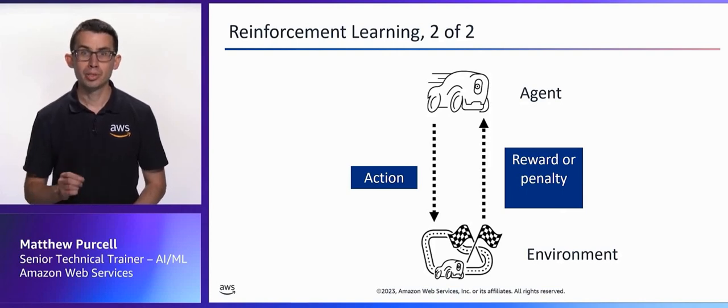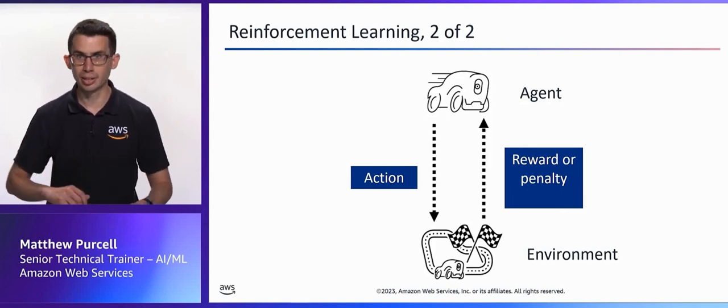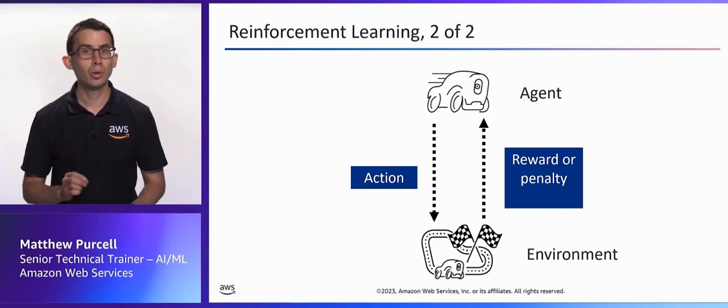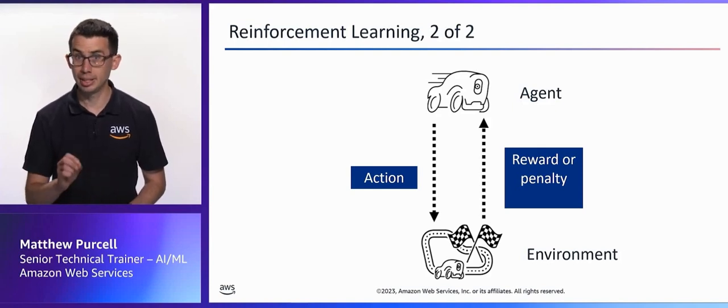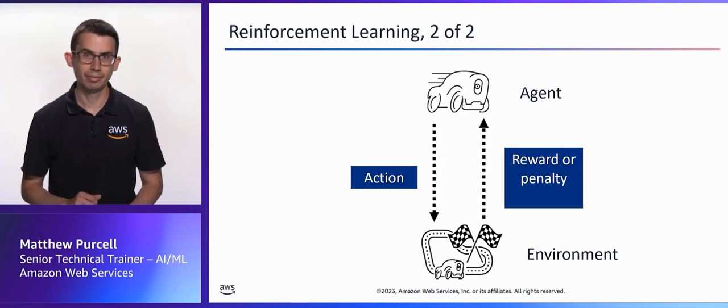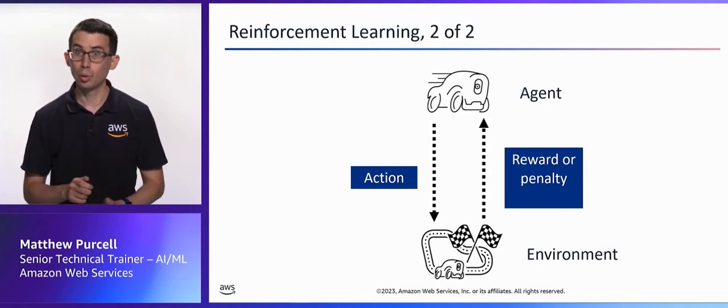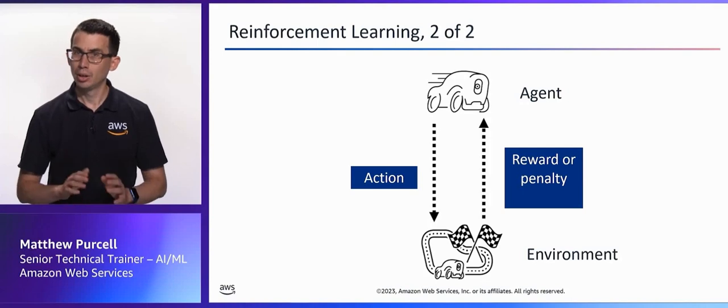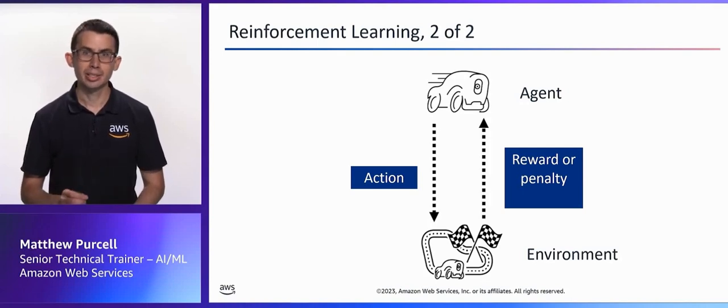When the agent performs something in the environment, such as steering, accelerating, and braking, it's called an action. Actions which get the agent closer to achieving its ultimate goal, in this case completing a lap quickly, result in a positive reward being issued. In other words, good decisions are rewarded. Conversely, poor actions are not rewarded, or they're issued a penalty. Over time, the agent learns that to maximize rewards, it needs to perform actions which gets it closer to its goal.